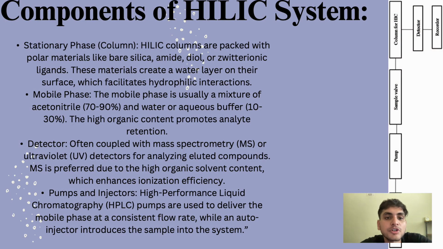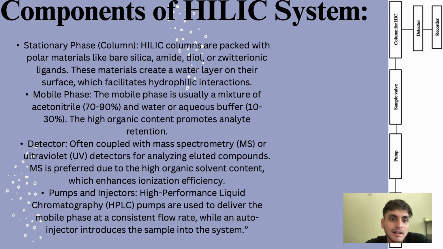Let's dive into the components of HILIC system. As with every other chromatography technique, there would be a stationary phase column. The HILIC columns are packed with polar materials like bare silica, amide, diol, or zwitterionic ligands.